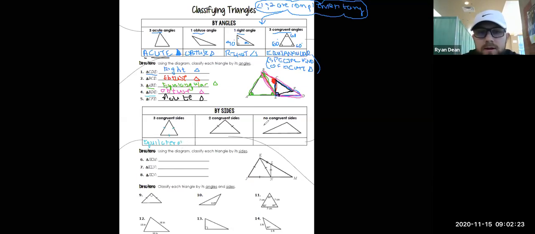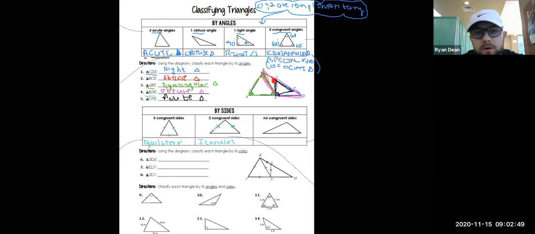Now 2 congruent sides, we don't have one that's similar, but 2 congruent sides, this one is isosceles, and it's very special because with isosceles, we can determine a few things about the angles by the sides.